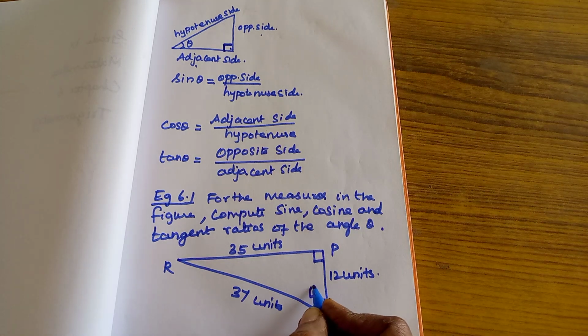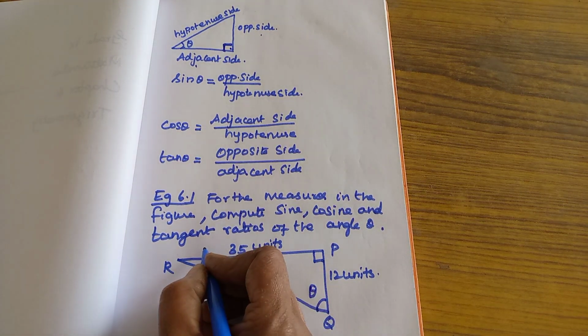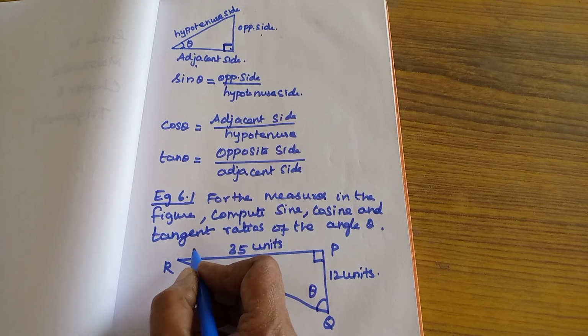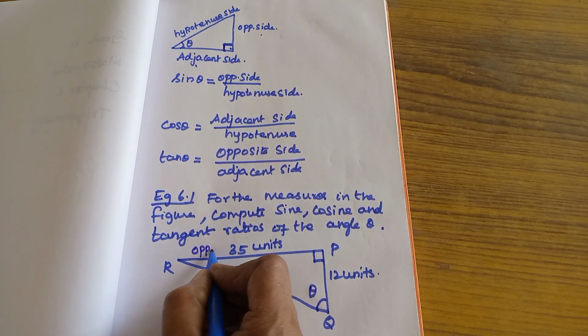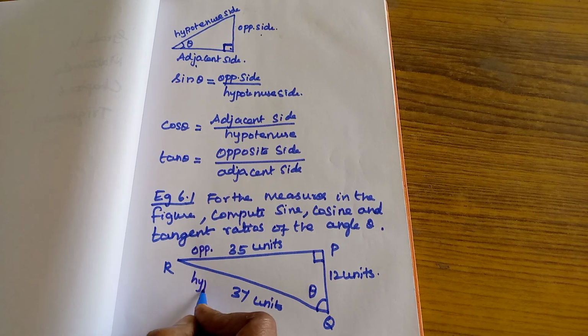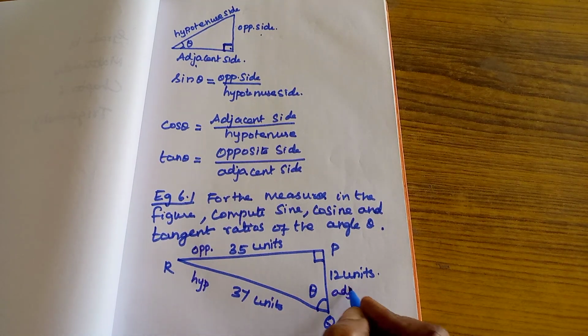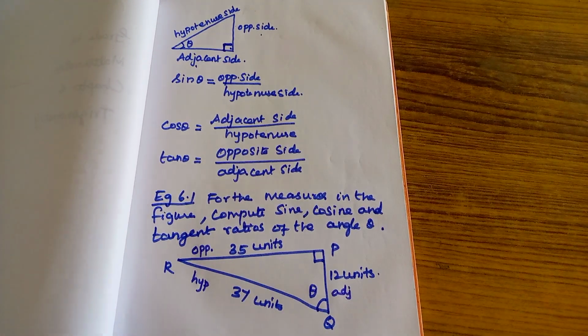I told you opposite of theta is known as the opposite side. Opposite of theta is RP, so it is the opposite side. Opposite of this 90 degree is known as the hypotenuse. Nearest to this theta is known as the adjacent. Understood? Shall we find out the solution?